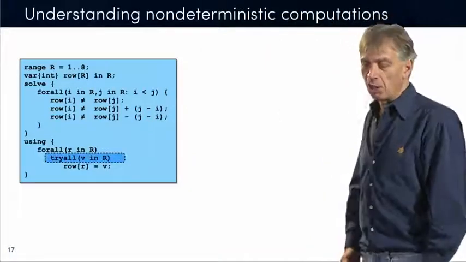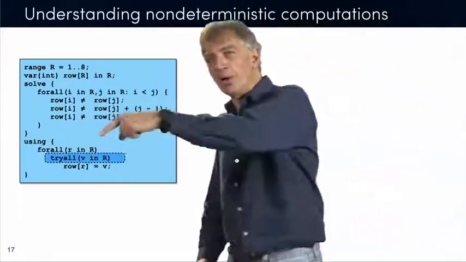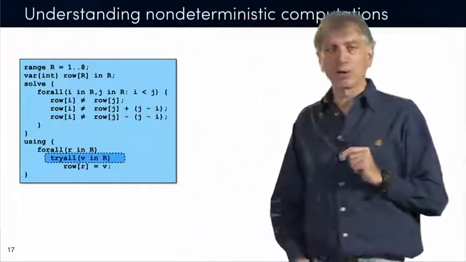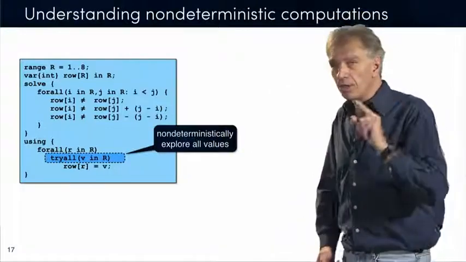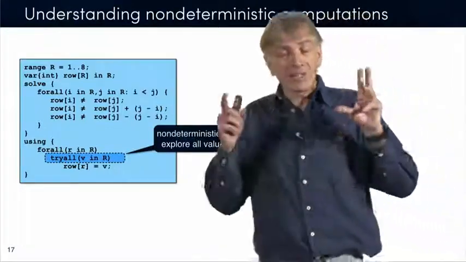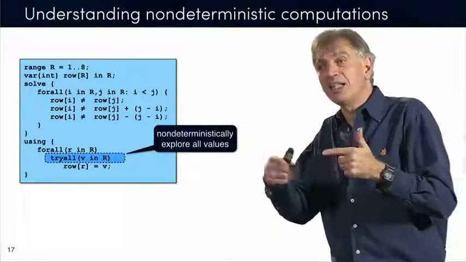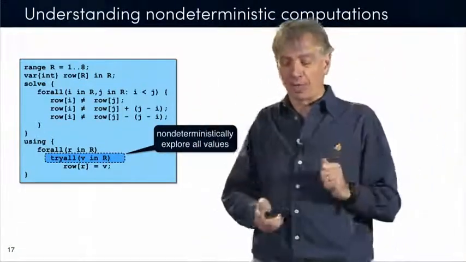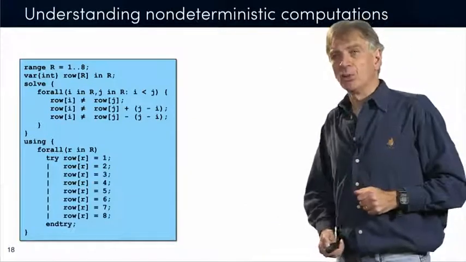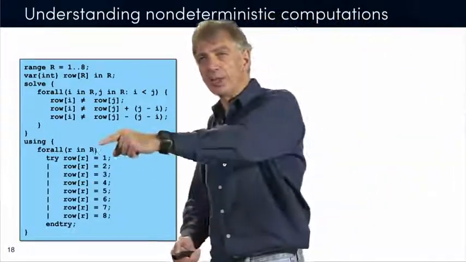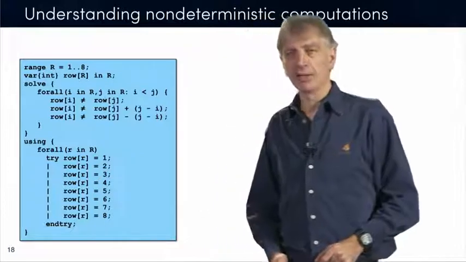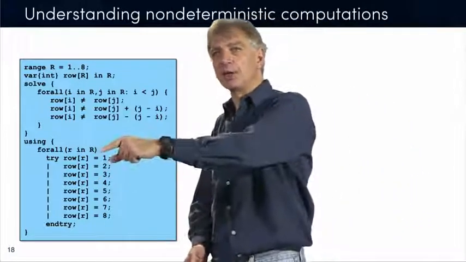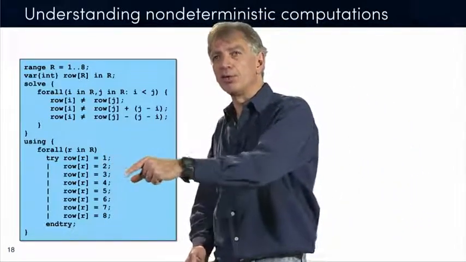Now let's look in a little more detail at how the trial instruction works. It's a non-deterministic instruction which can potentially explore all the values, but it only does so when activated because of a failure. So you can view this trial instruction as a big try instruction, which is telling you to try first the value 1, the value 2, the value 3, and so on.